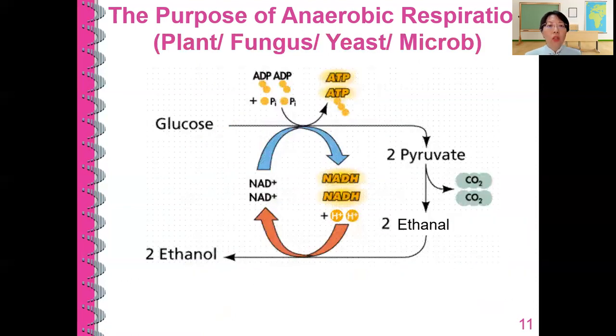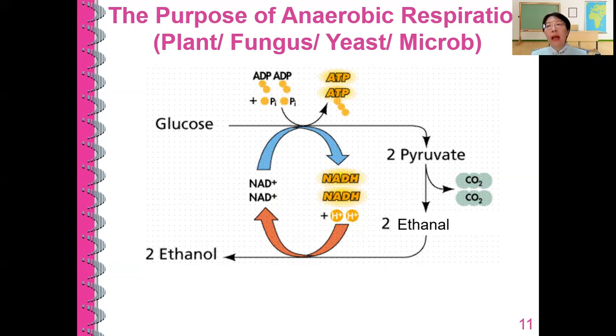Okay. So this is anaerobic respiration in plants or fungi or yeast or microbes. So it's called alcohol fermentation or ethanol fermentation. So for them, the anaerobic pathway involves 2 steps instead of 1 step. So how you can remember this is very easy.